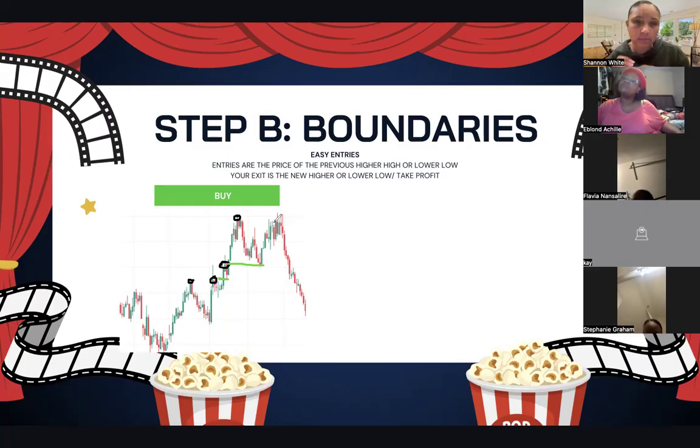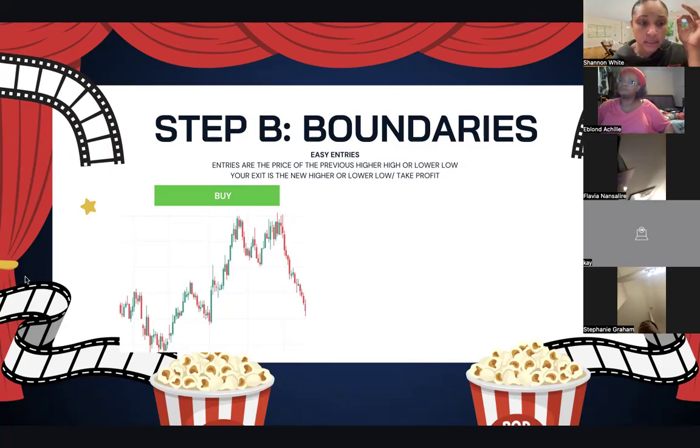Are you tracking what I'm saying? It's going to go up like a slingshot. It's going to pull back, get some force, momentum. Then it's going to shoot back where it came from. Our boundaries, if you can find the direction, which is the higher high or the lower low, you'll be good. Let me show you.